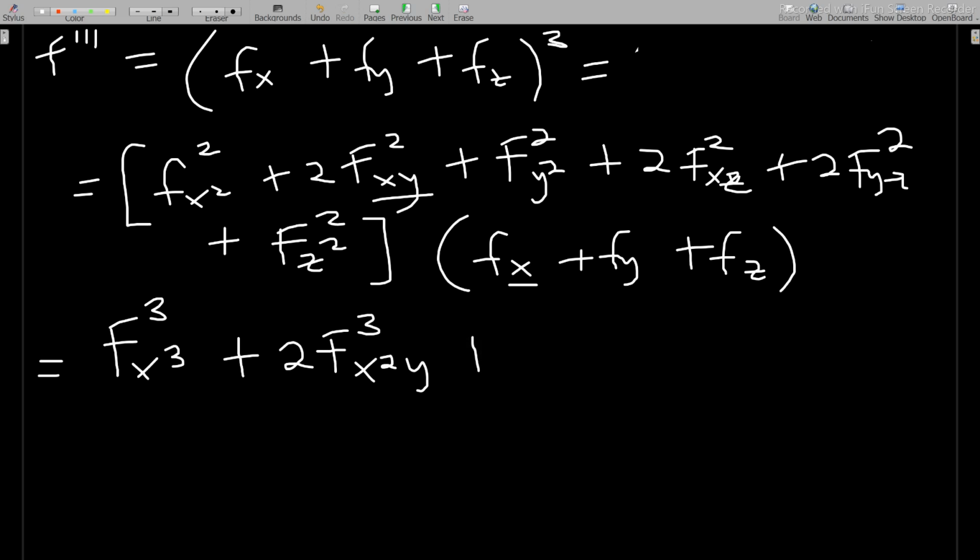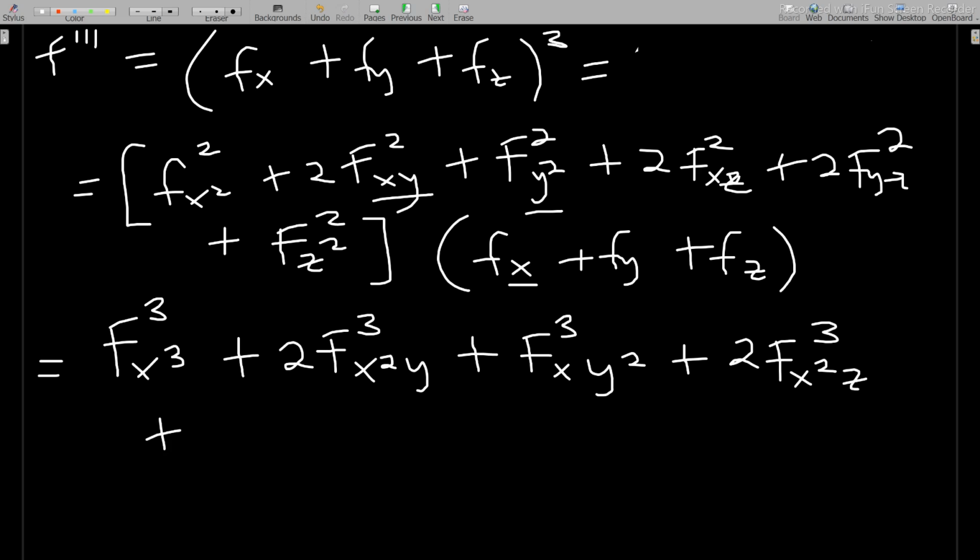Then I'll have plus fx fy squared, because you have y squared here, multiplying this like that, then cube, so everything will be turning to a cubic function now, plus 2fx squared fz, cube rather, this is a cubic one, plus 2fxfyfz, I hope you get it, cube.